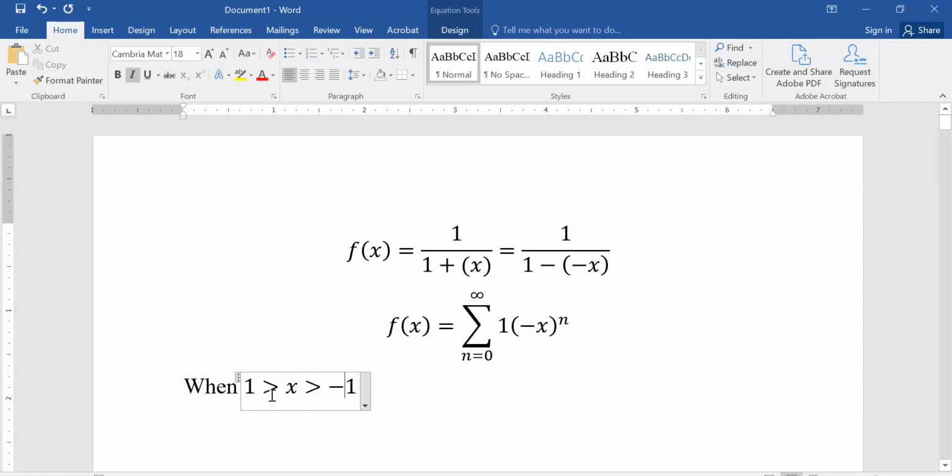So basically, when x is between 1 and -1, this function and this power series are the exact same thing. All right? So this section is really a test of whether we can algebraically manipulate our function to look like a over 1 minus r, where r is centered at the right place.